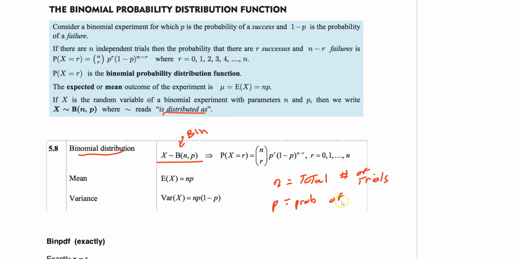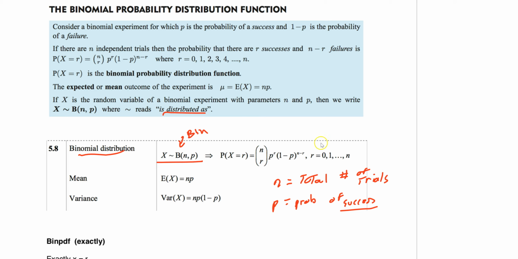Now it's very important that it's success. That means the thing you want. What's the probability of the thing you want? Because sometimes it might say you want red, but they only gave you the odds of something else, so you have to do 1 minus or some other stuff. But p is only the stuff you want. So if I want reds, what's the probability of getting red? If I want heads, what's the probability of getting heads? So p is the probability of success. Very important. It's the one you want.